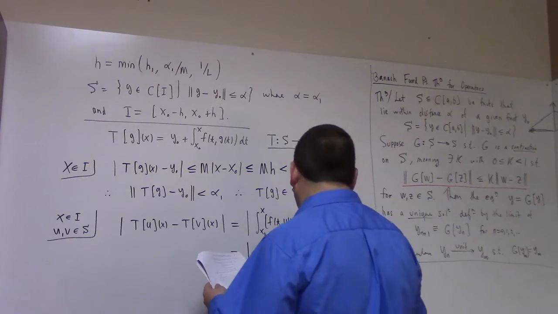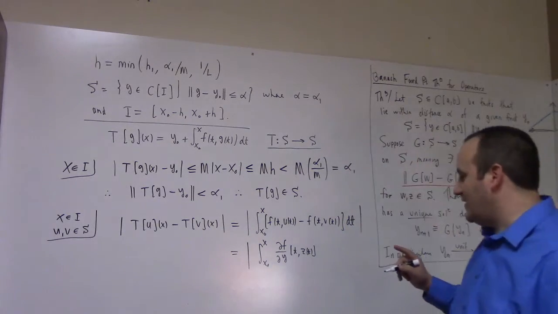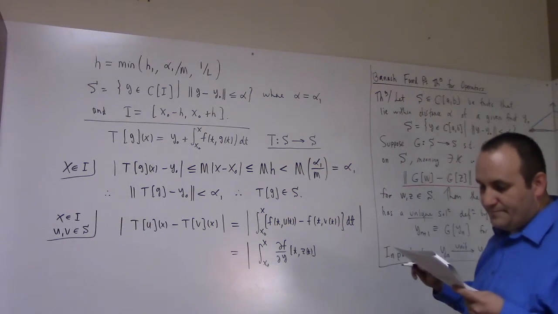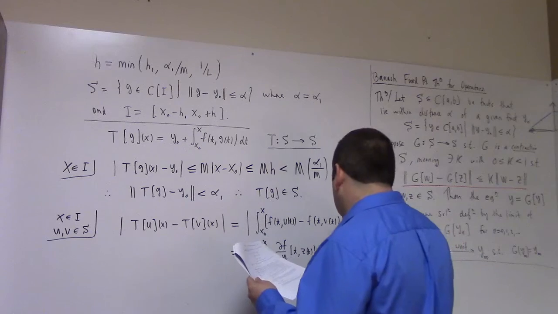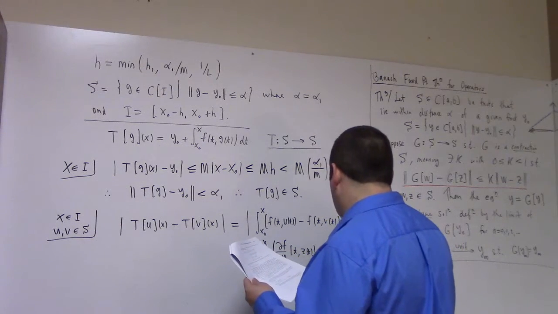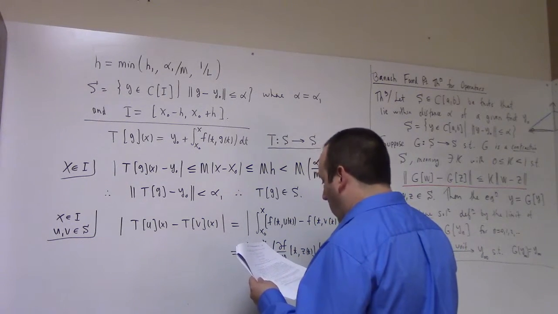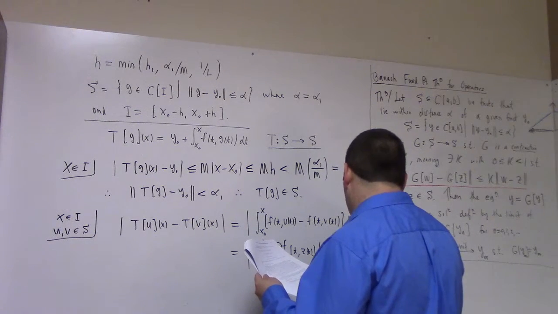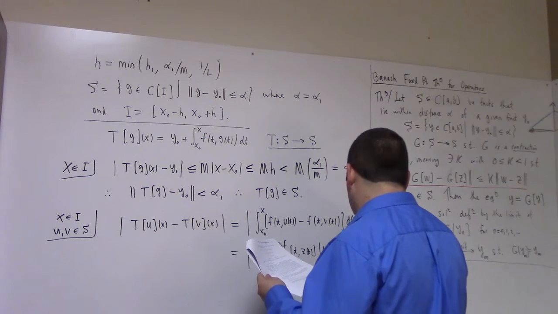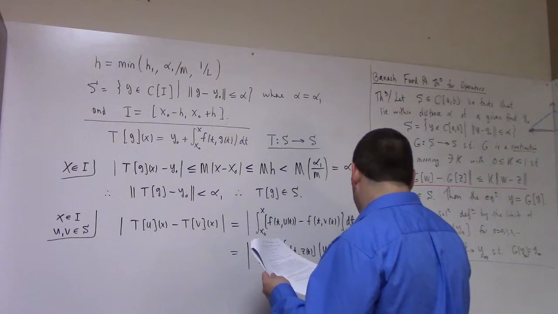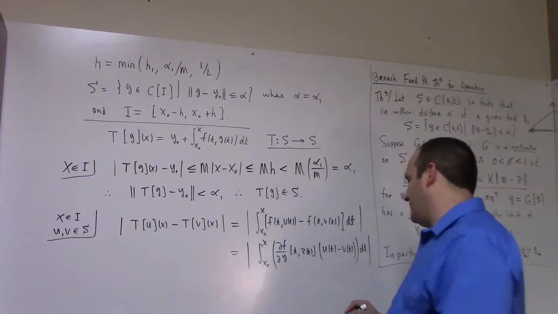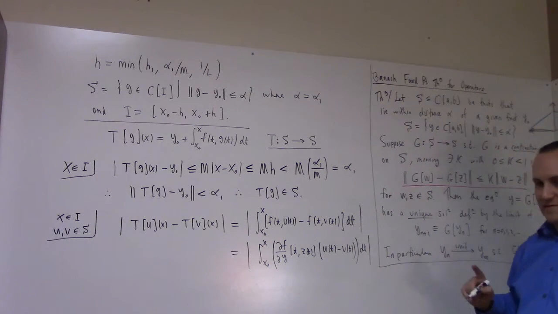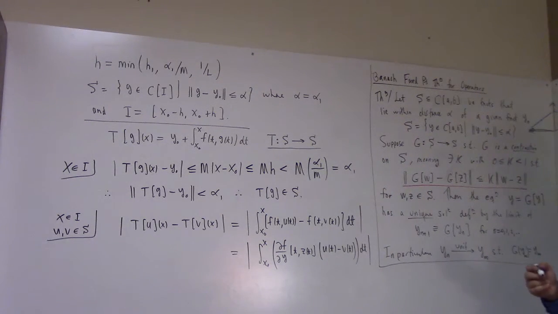Exactly. How many times are we using the mean value theorem here? Well, I would say we're applying it once for each t. So infinitely many times.